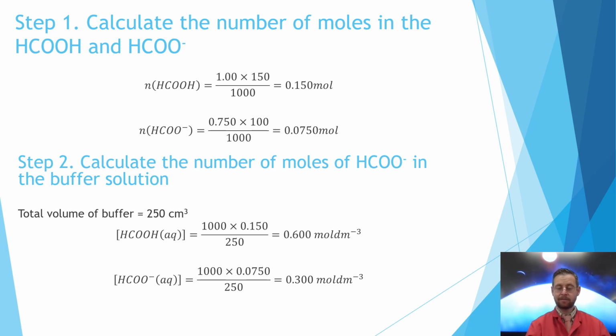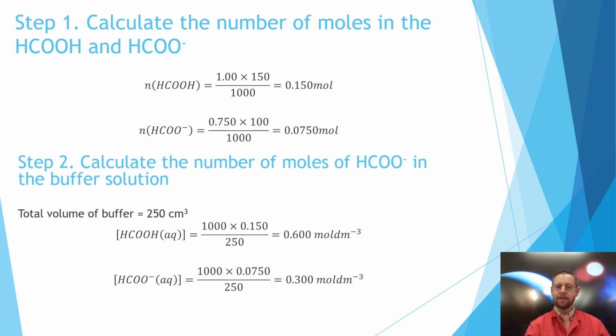We're going to mix these two together to form a solution that has a total volume of 250 milliliters, or centimeters cubed. Now, the formula for concentration is n over V, but it isn't exactly what it shows here. Why have I got 1,000 divided by 250 in the bottom sections? Well, I have taken my n, 0.15, and I am dividing it by my volume. But my volume is in centimeters cubed, and it needs to be in decimeters cubed. So I'm taking 0.15 and dividing it by 250 over 1,000.